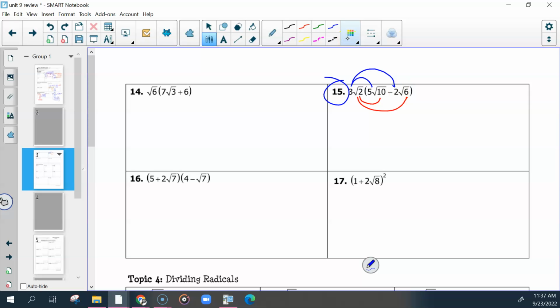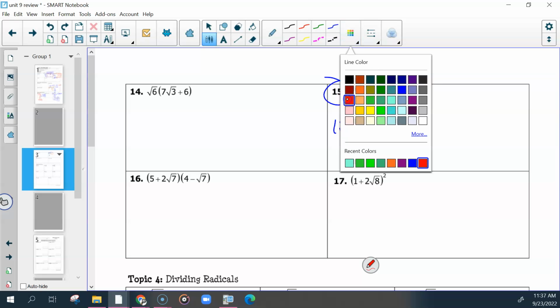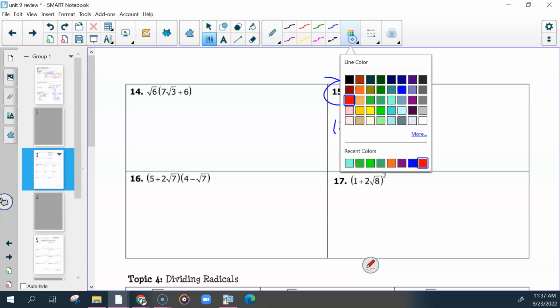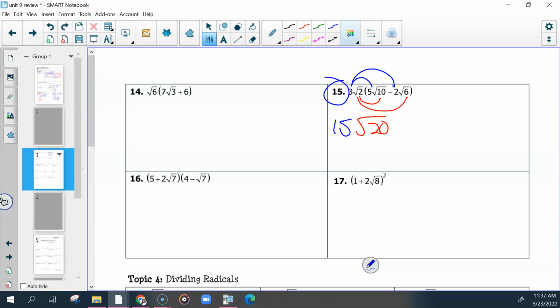So on the outside, we have 3 times 5. On the inside, we have 2 times 10. On the outside, we have 3 times -2. On the inside, we have 2 times 6.